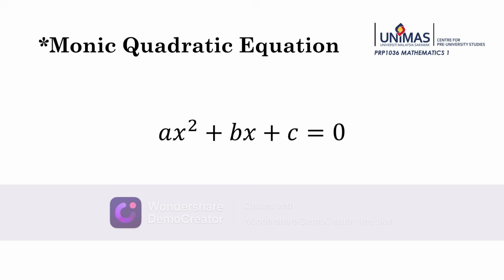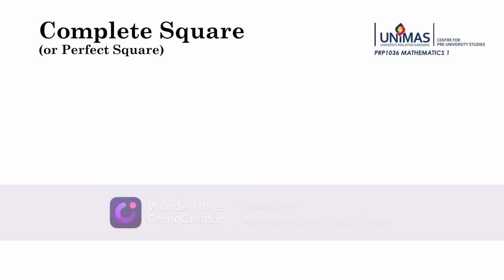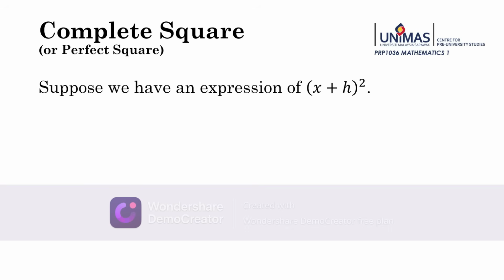So this is our standard form. Before you apply completing the square, your a must be equal to 1. This is the monic quadratic equation, when your a equals 1.